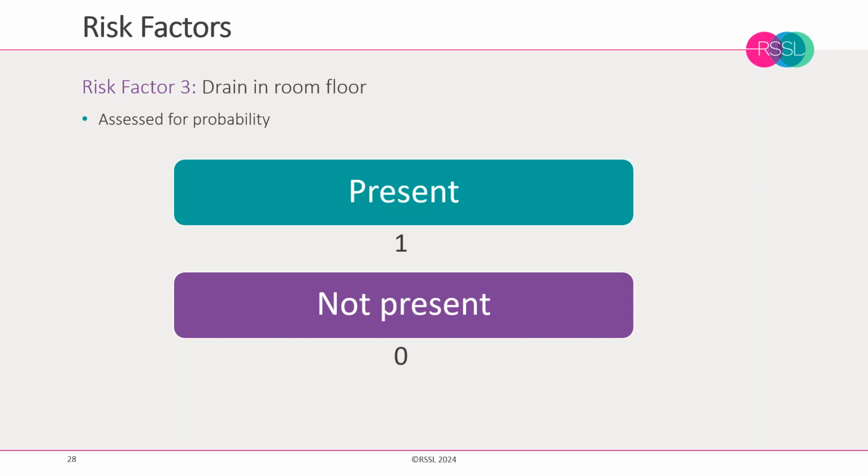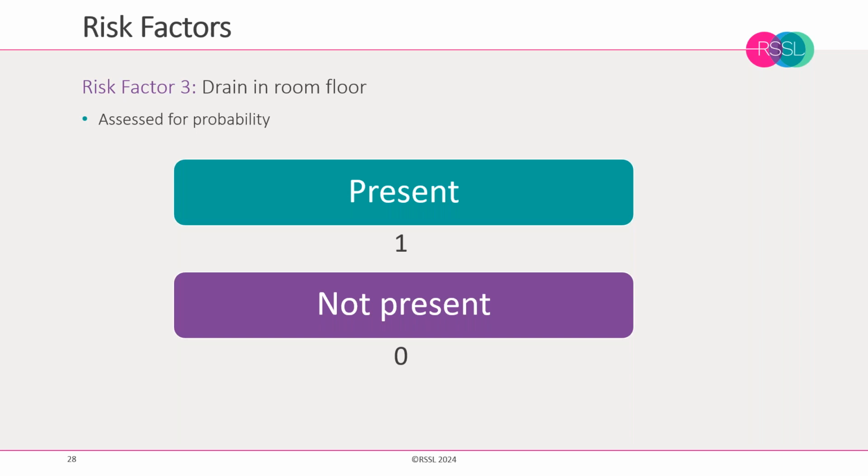So in many cases we can control drains, but drains often add an additional risk that we need to consider, and particularly where we're washing and processing equipment, we're always going to need drains. So there's another risk dimension there, and we've got again a variable scoring: present, not present.